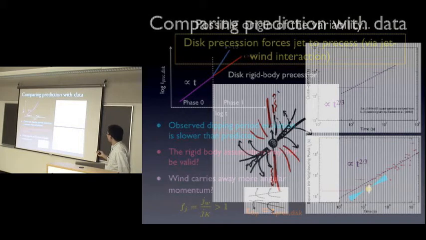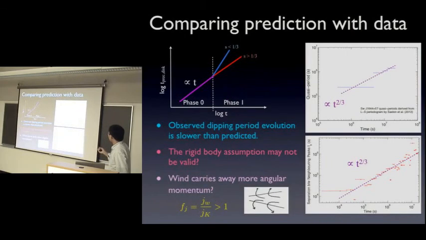Since the data shows that the dipping period is increasing with time, and we also predict that the precession period increases with time, it's very interesting to compare the evolution of precession period with the dipping period.